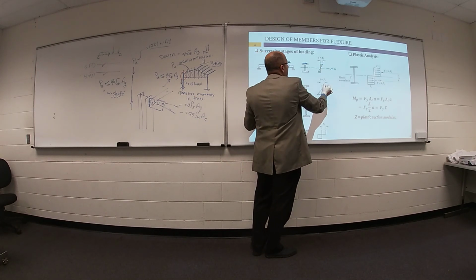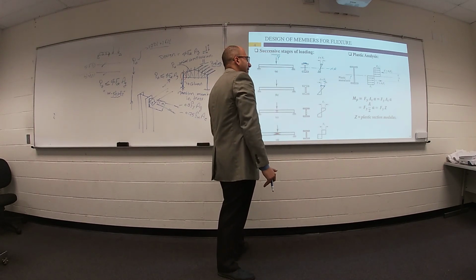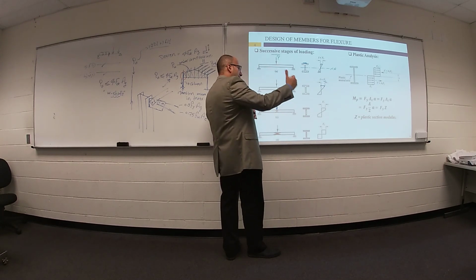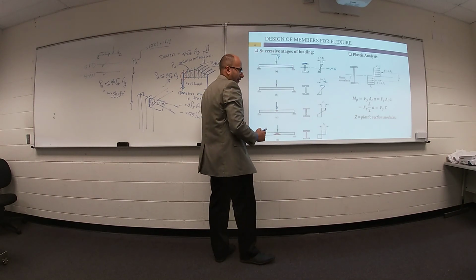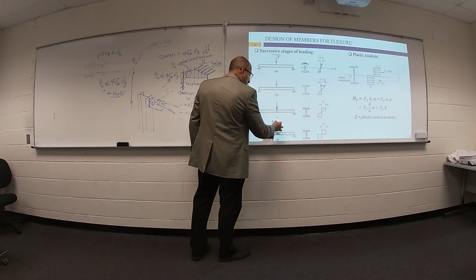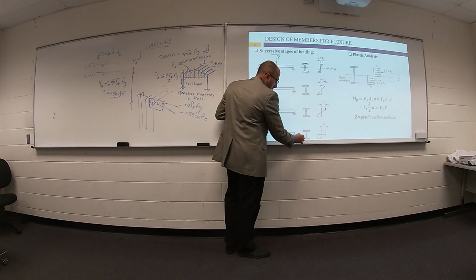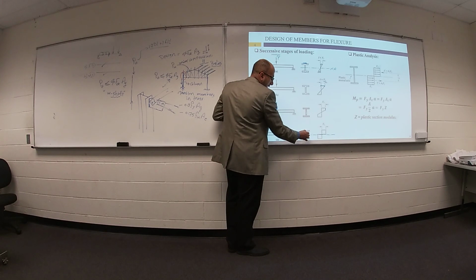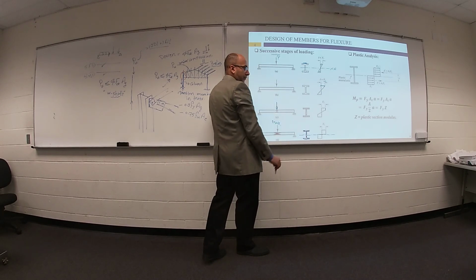This stress will reach F yield. Your stress cannot exceed yielding stress. So if your load becomes bigger and bigger, your remaining cross section will be under yielding stress. If your load becomes bigger and bigger to reach maximum effect, the whole cross section yields. One part yields under compression and the second part yields under tension.